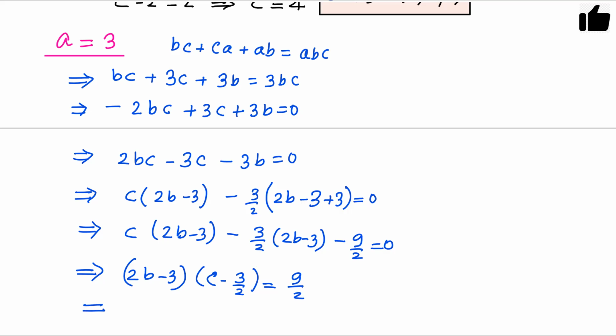And if you multiply by 2, this will be 2B minus 3 into 2C minus 3 equals 9. So we have multiplied by 2 throughout, so that's why the 2 on this side got cancelled and this 2 also got cancelled.